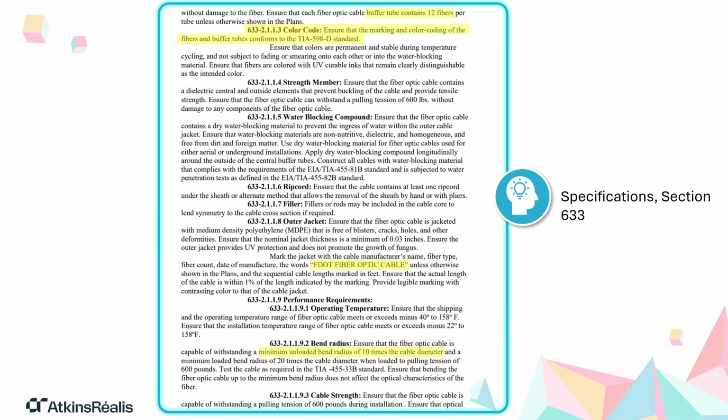And we just finished talking about this, but the minimum bending radius is also identified here in the spec. Here in the highlighted section of 633-2.1.1.9.2, it identifies that the minimum unloaded bending radius of the cable shall be 10 times the cable diameter, and then that the minimum loaded bend radius shall be 20 times the cable diameter when applied with pulling tension, which is exactly what we discussed previously.